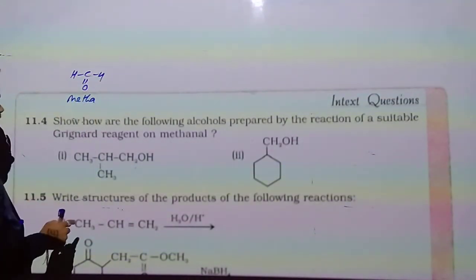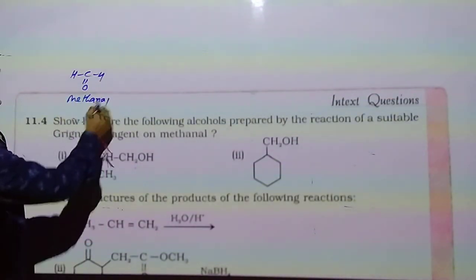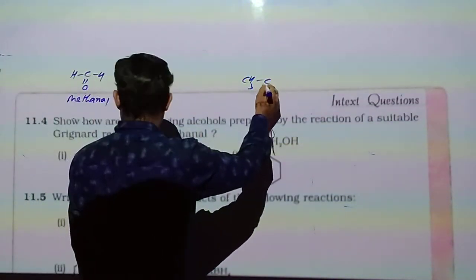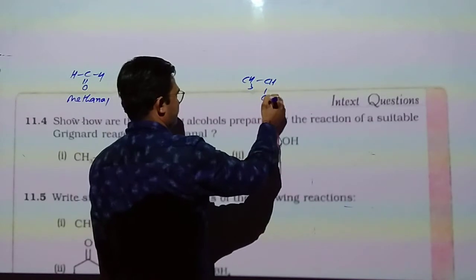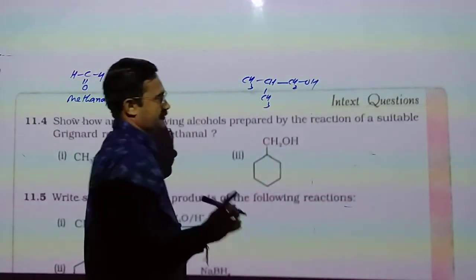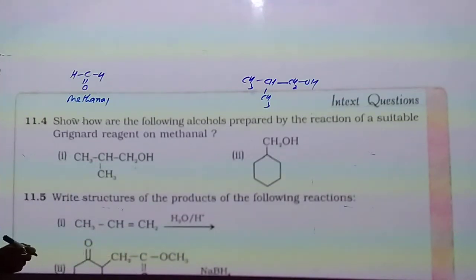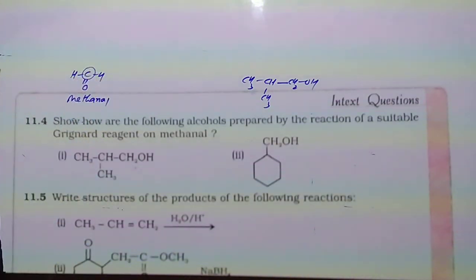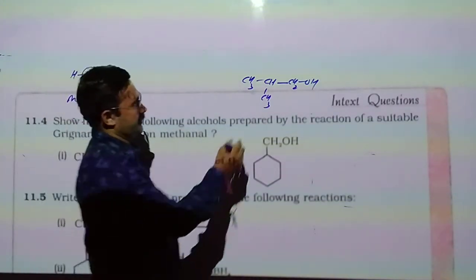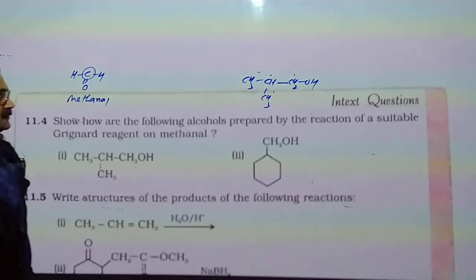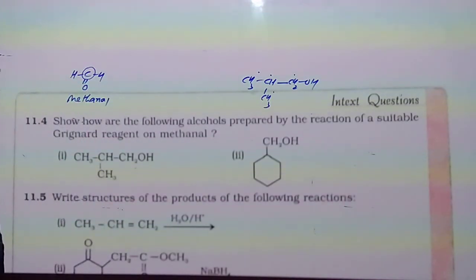from methanal. The product is given. We have to find a Grignard reagent. Now I am giving a trick. In methanal there is one carbon. In the product there are 1, 2, 3 and 4 carbons. So what do we have to do?